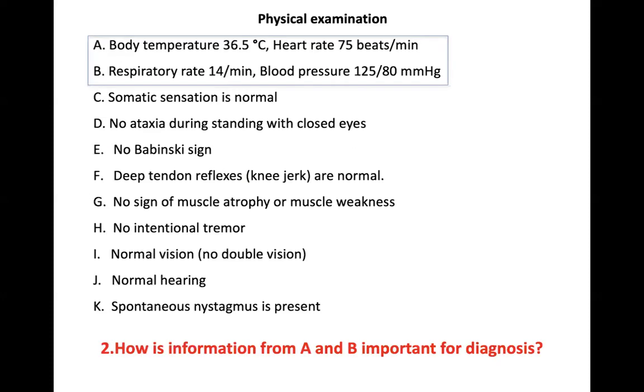The question is: how is information from A and B important for diagnosis? Body temperature, heart rate, respiratory rate, blood pressure. Why do we need to examine this information? Let's do maybe group 10.